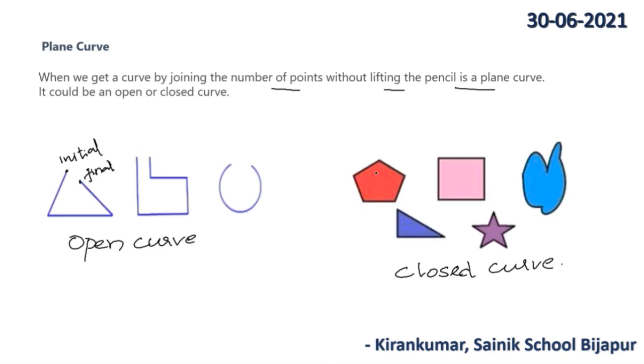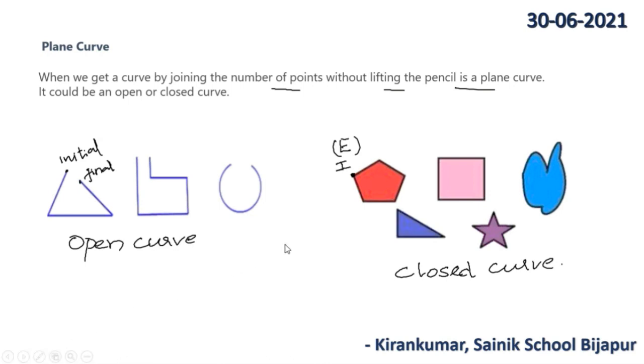In these figures, if I start from here, this is the initial point. I start drawing and I end at the same point. So the initial point and the end point remain the same. Such figures which are obtained by joining both the initial point and the final point or end point are called a closed figure or a closed curve.